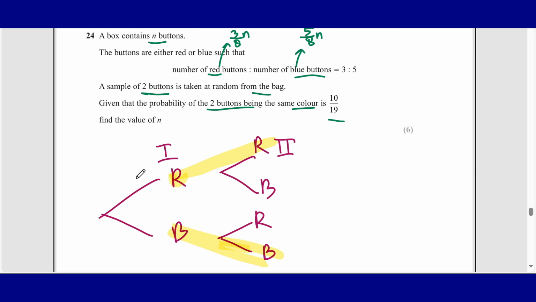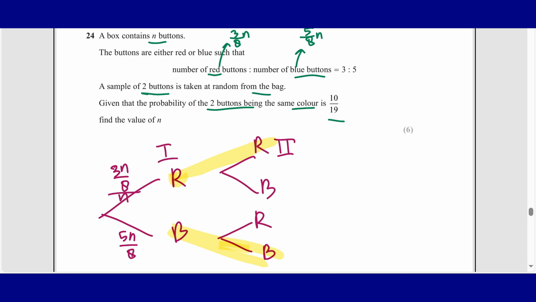So now we know that the number of red buttons is 3n/8, and the number of blue buttons is 5n/8. So now the probability is the number of red buttons over the total number of buttons, that is n.